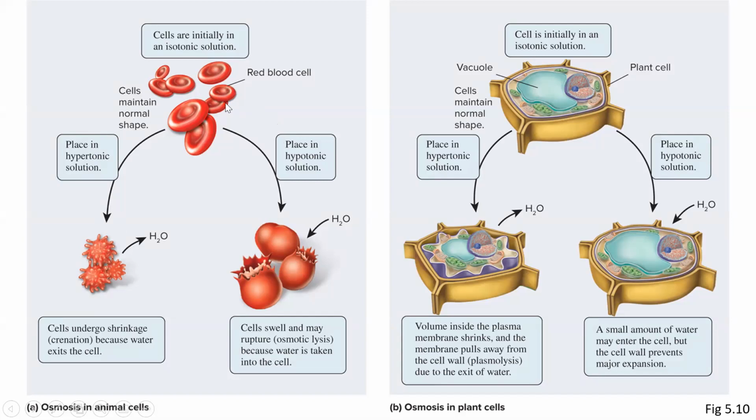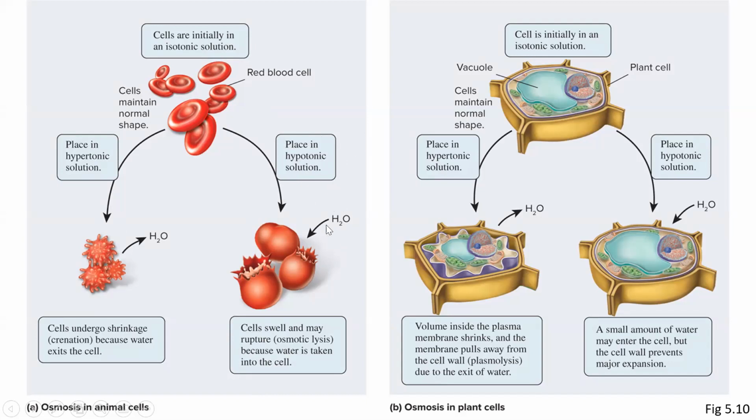Now let's say we do the opposite scenario. We place the red blood cells in a hypotonic solution. So we cut your consumption of electrolytes. That means you have no sodium, no chloride, nothing. And you're just drinking water, water, water. Well, the concentration of solutes, for example sodium and chloride, are going to be higher in the cell than they are in the plasma.